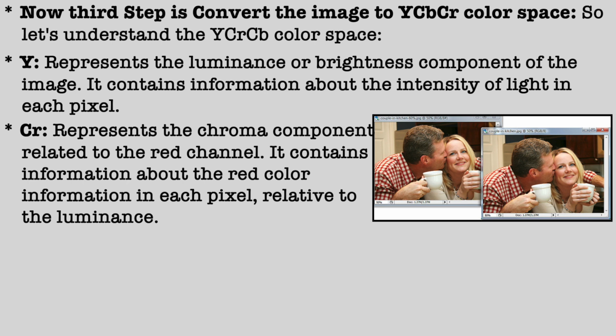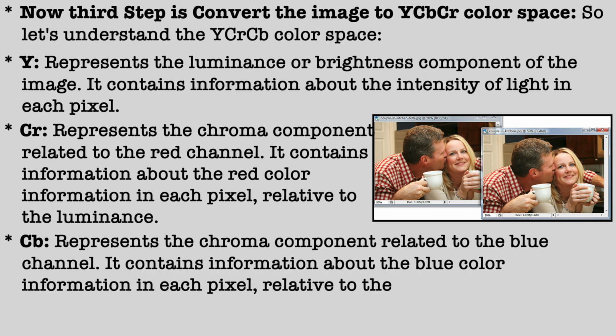It contains the red color information in each pixel relative to luminance. Cb represents the chroma component related to the blue channel. It contains the blue color information in each pixel relative to the luminance.